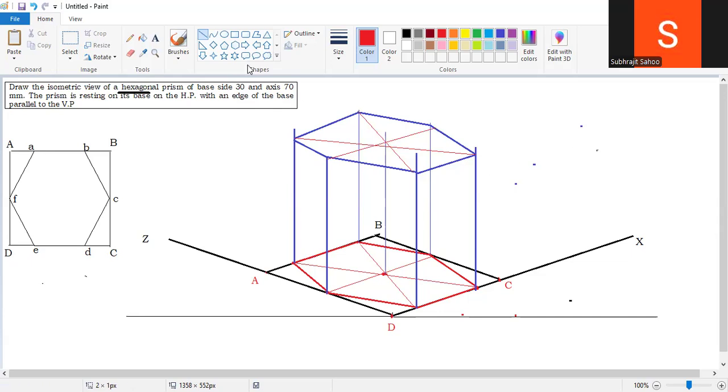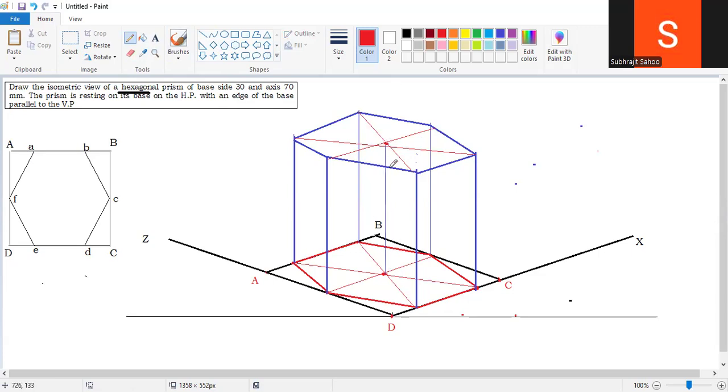So the center point will come here. A little bit of level issue is there, right? So you can follow the proper dimensions, and the exact diagram will come, right? So this becomes the center.